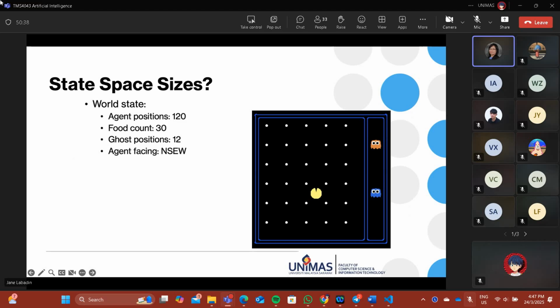So let's discuss the state space for this particular environment. If you look at this environment, you'll notice that the Pac-Man can be in these positions. They are 1, 2, 3, 4, 5, 6, and then 1, 2, 3, 4, 5. So 30 cells, right? 6 times 5, 30 cells.